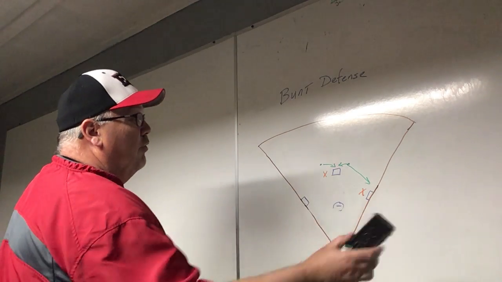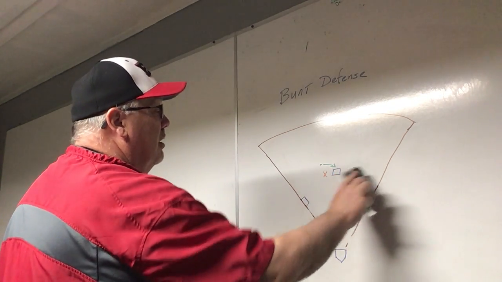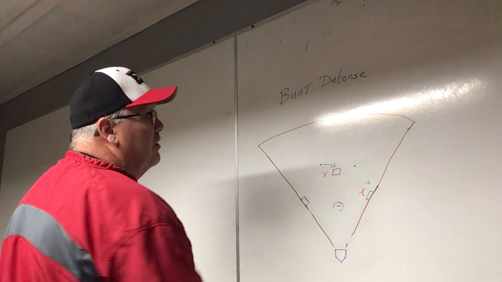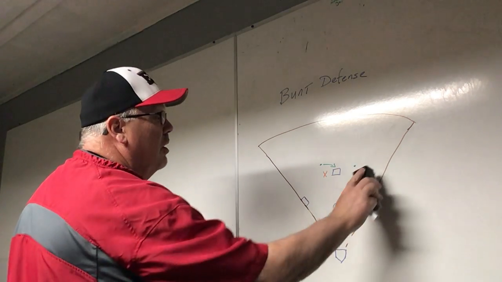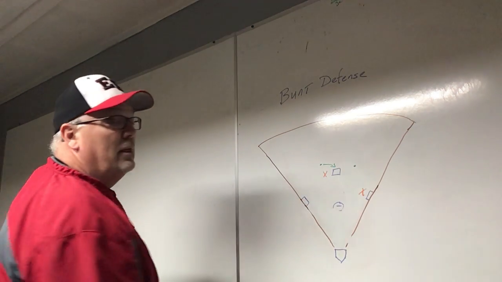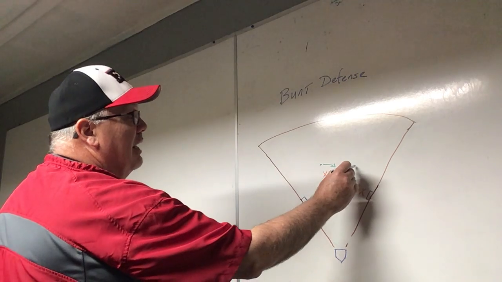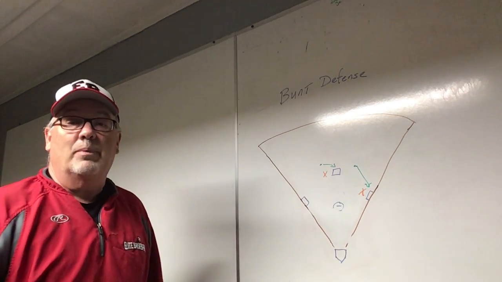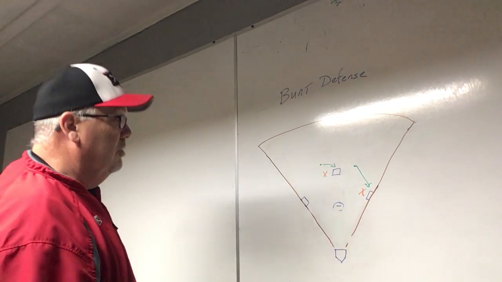Okay, if we anticipate the bunt, we may move the second baseman back over into his regular defensive position, maybe even cheat in the hole so that he can get to first base quickly and not be in an all-out sprint.